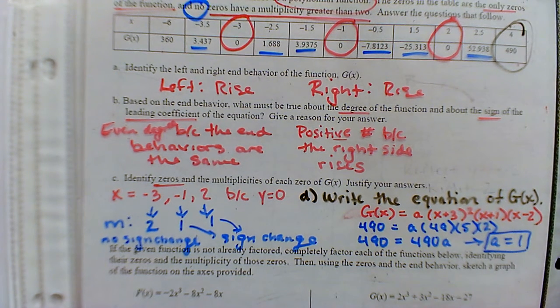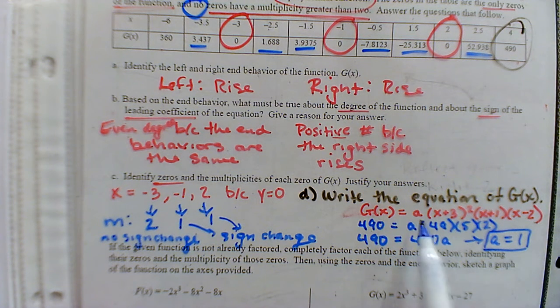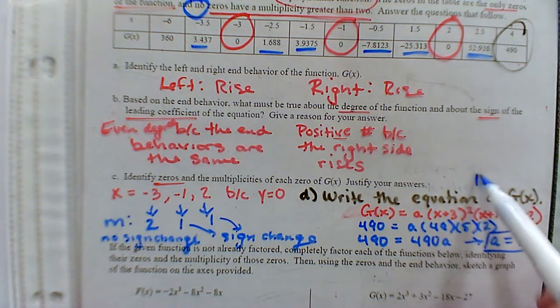That's kind of weird. Wasn't yesterday's a value 1 as well? It might not always be that. Let's not get used to that or think that it's always going to be 1. So let's go ahead and substitute that a value in for the general a that we had before.